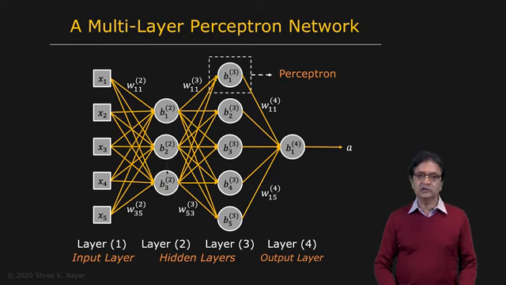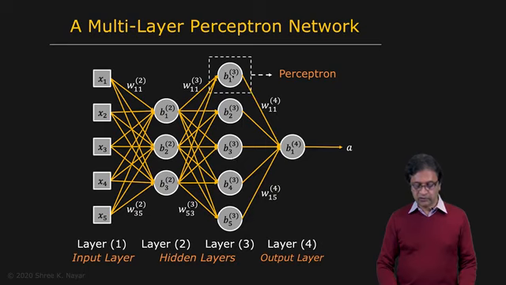This particular network happens to be a fully connected network, which means that each one of these perceptrons is connected to all the inputs. It doesn't really have to be the case, but that's just the example that I'm showing right here, fully connected. Then the outputs of these perceptrons serve as inputs to the perceptrons in layer number 3.